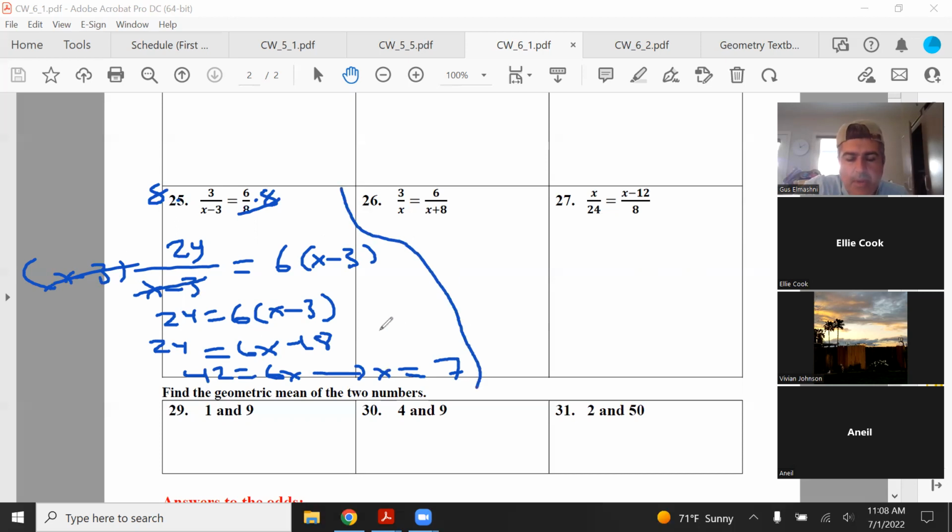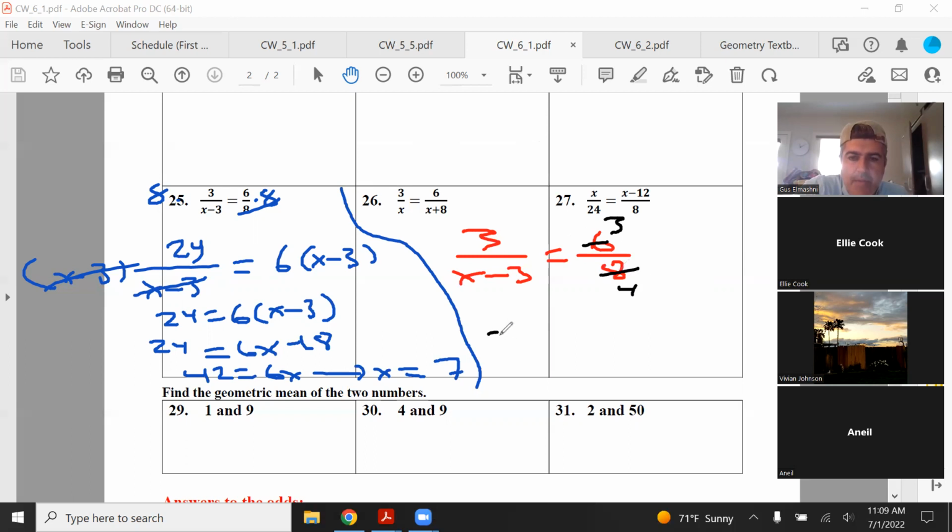So you see that's quite a bit of work to multiply both sides by 8, then multiply both sides by x minus 3, then work it out. That's why we have this process of cross multiplying. Let me rewrite the question again. And actually, I could reduce this fraction, which I know is 3/4.